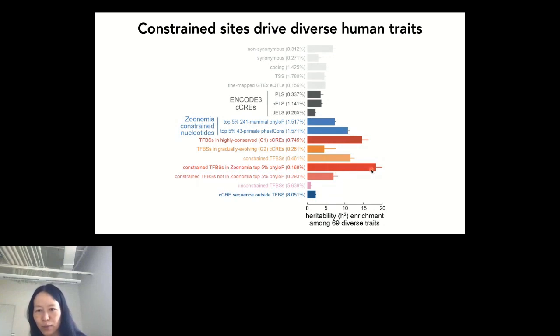I want you to focus on the red bar here, which are the conserved transcription factor binding sites that we have identified in combination with the Zoonomia constrained nucleotides. We add information on top of just the Zoonomia list. Additionally, the ones that are constrained by our criteria but not in the Zoonomia list still show enrichment, indicating that our constrained transcription factor binding sites are highly enriched in the variants that drive human traits.